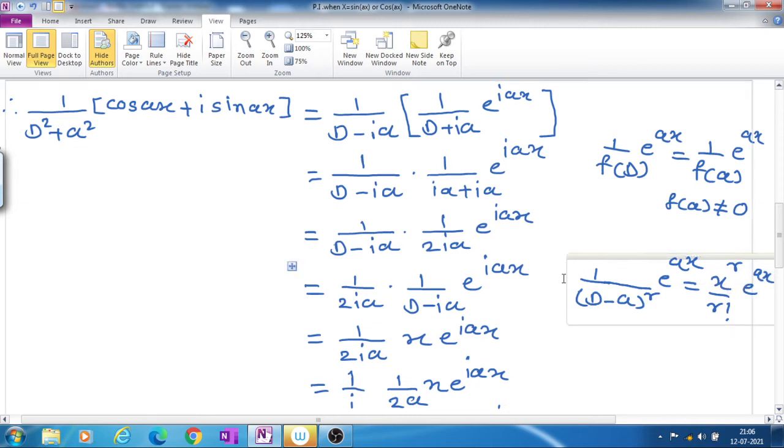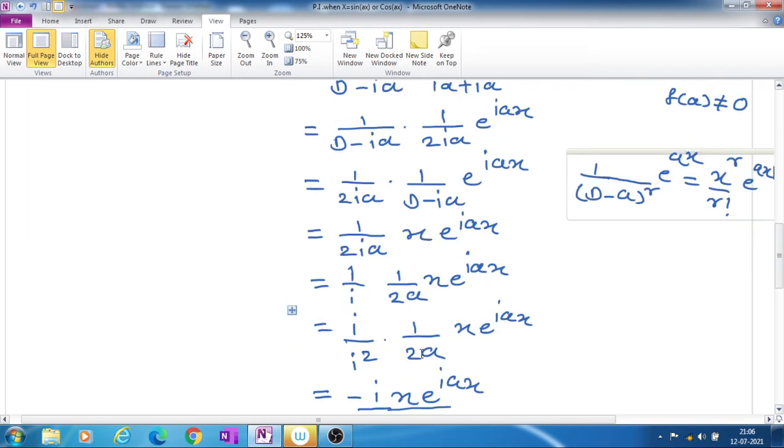Now here d minus ia is only one factor, that means r is equal to 1, therefore we must write for r is equal to 1, x raised to 1 upon 1 factorial, that means only x, and so I have written here x for this 1 upon d minus a. This formula we use when this f(a) is equal to 0.